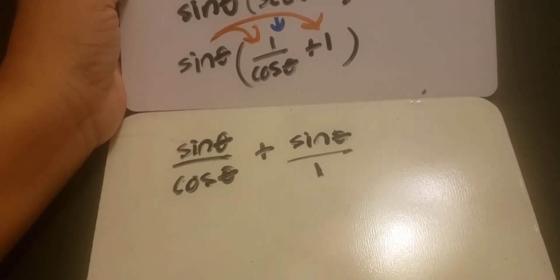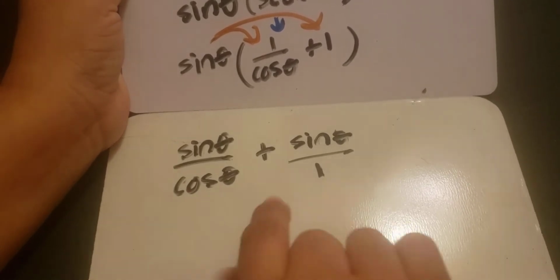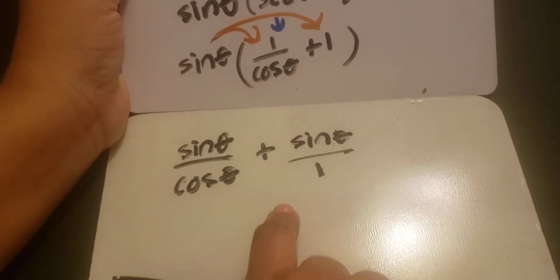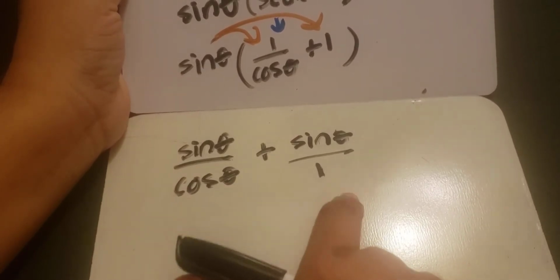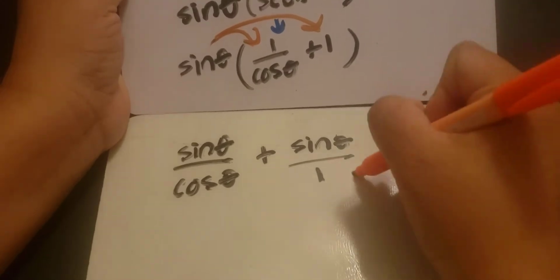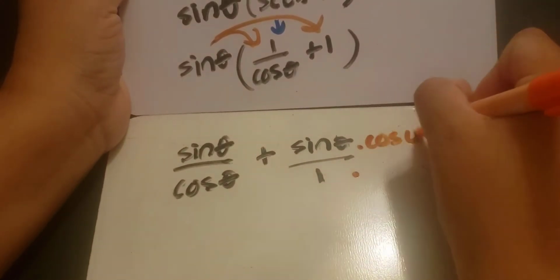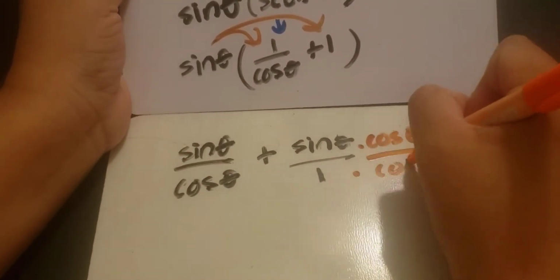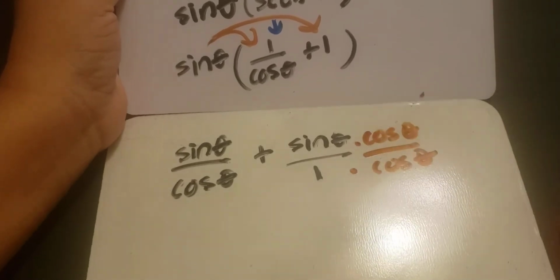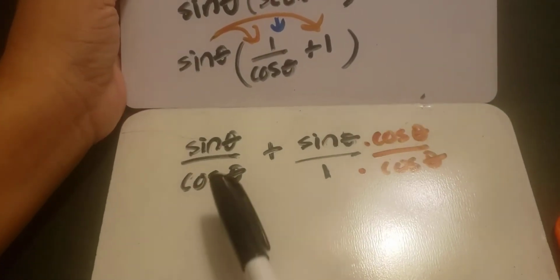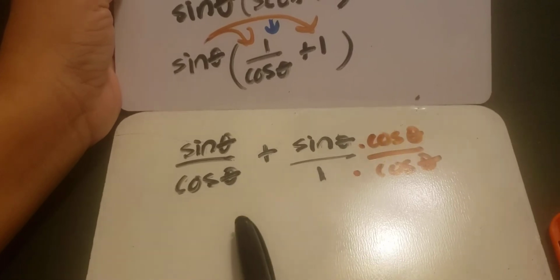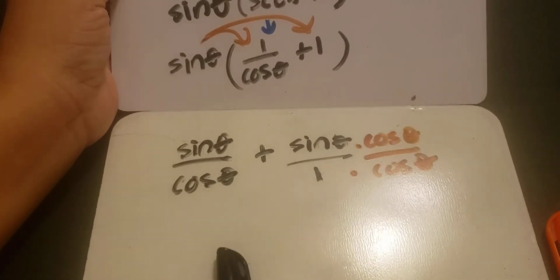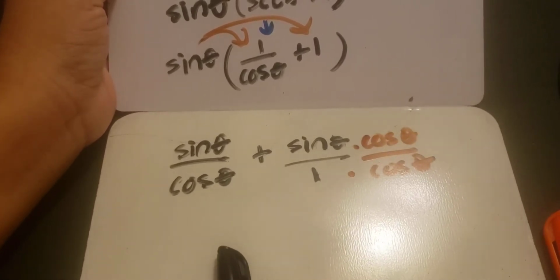Then I'm thinking, since it's addition, I'm going to multiply cosine and cosine, top and bottom, cosine of theta over cosine of theta. Then I can tell you sine over cosine is tangent.